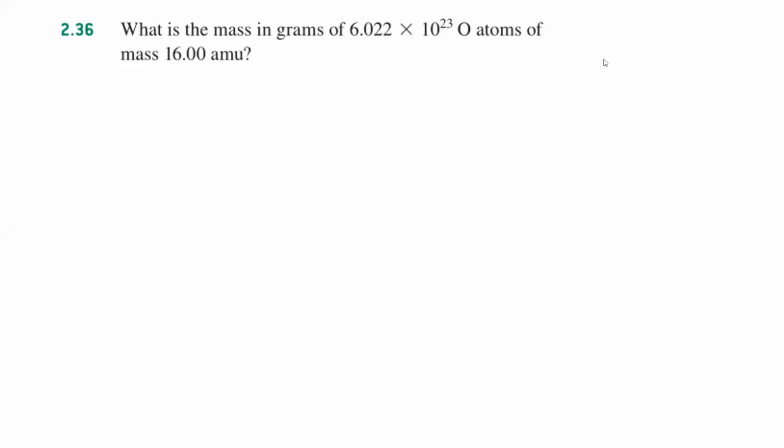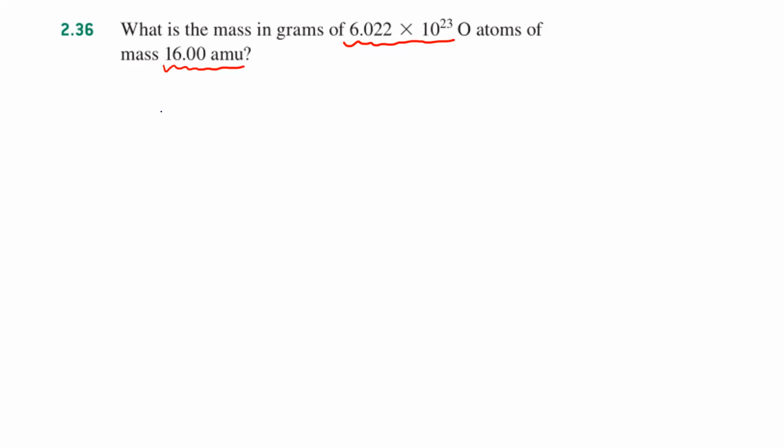All right, so what is the mass in grams of 6.022 times 10 to the 23rd oxygen atoms with a mass of 16.00 AMU?